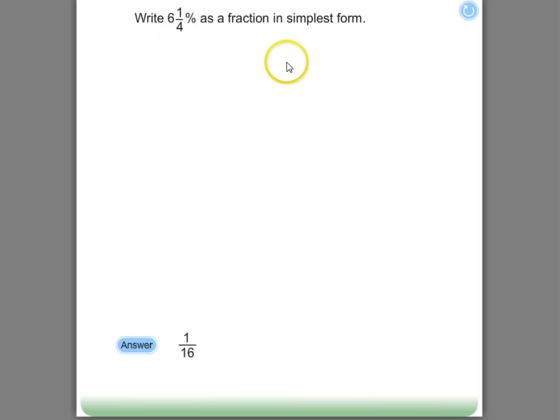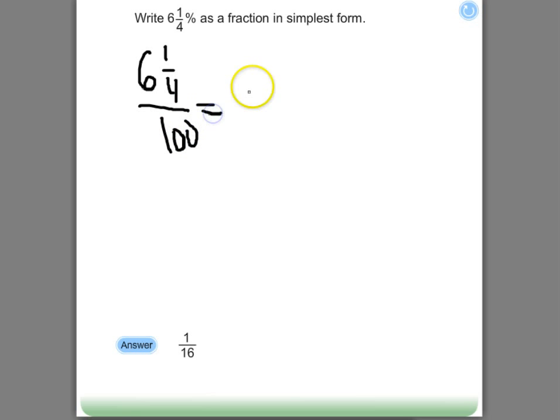So again, one of the things we want to do here is to first of all rewrite it. It's 6 1/4 over 100, which is the same as 6 1/4 divided by 100. Now we want to go ahead and change this. 6 times 4 is 24, plus 1.